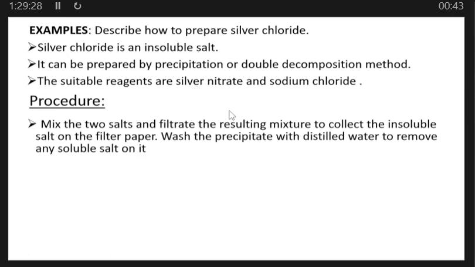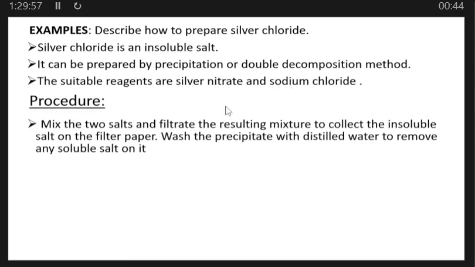Silver will pick on the chloride to form silver chloride. Then the sodium will pick on the nitrate to form sodium nitrate. This silver chloride that will be formed will be insoluble and it is called a precipitate, an insoluble substance. But the sodium nitrate will be soluble.